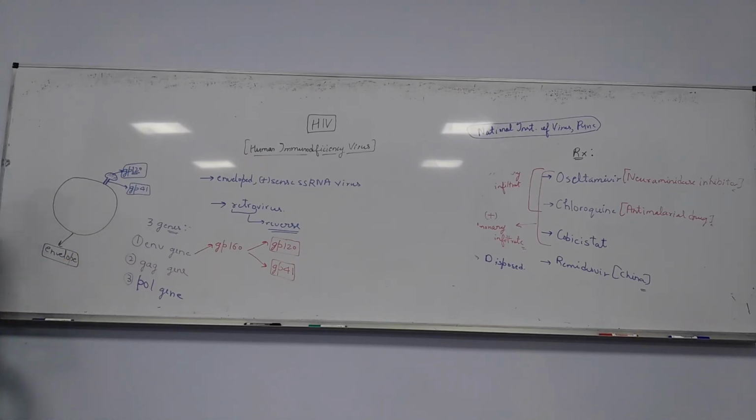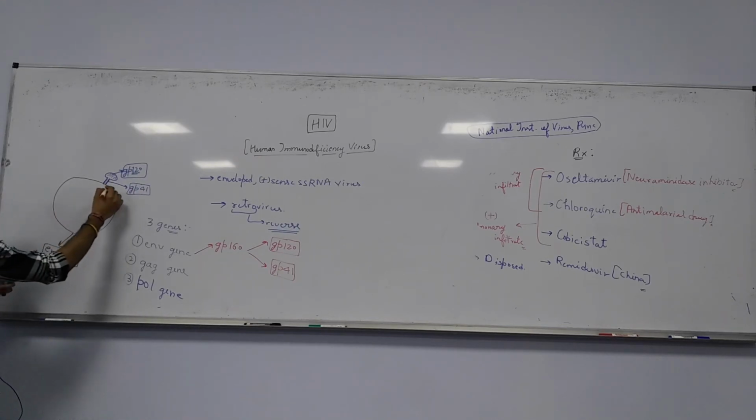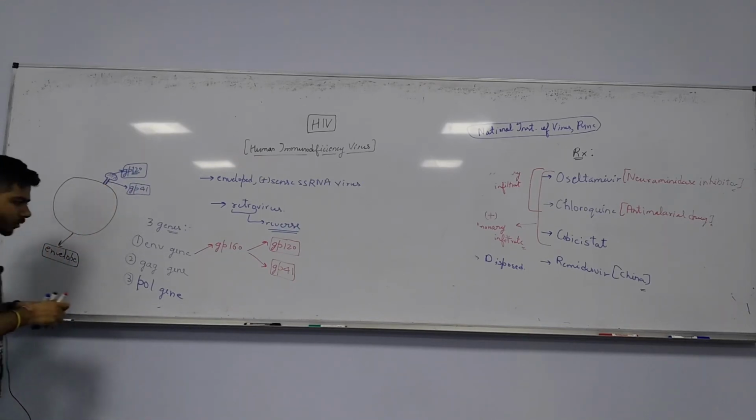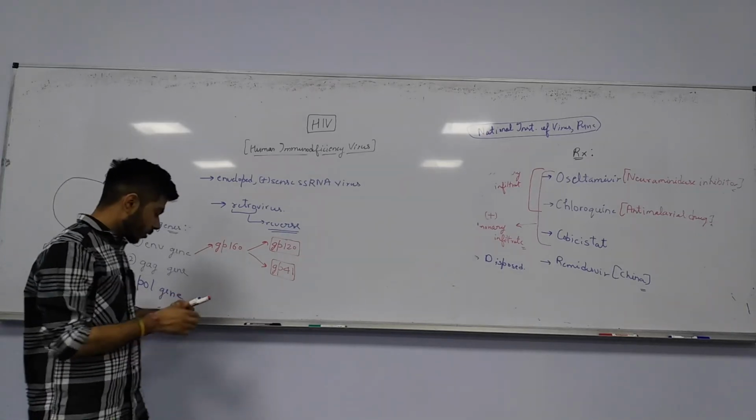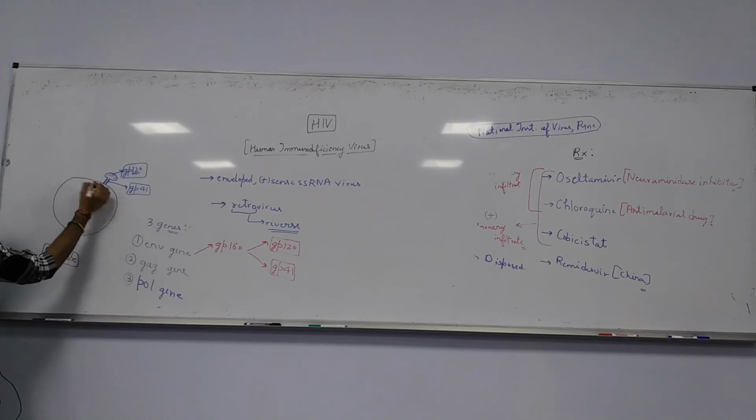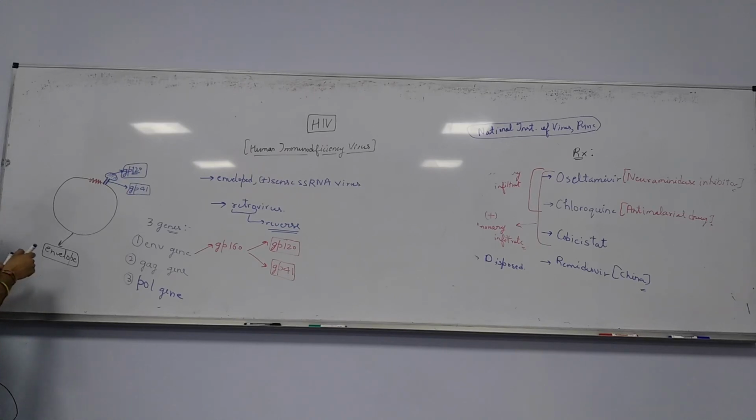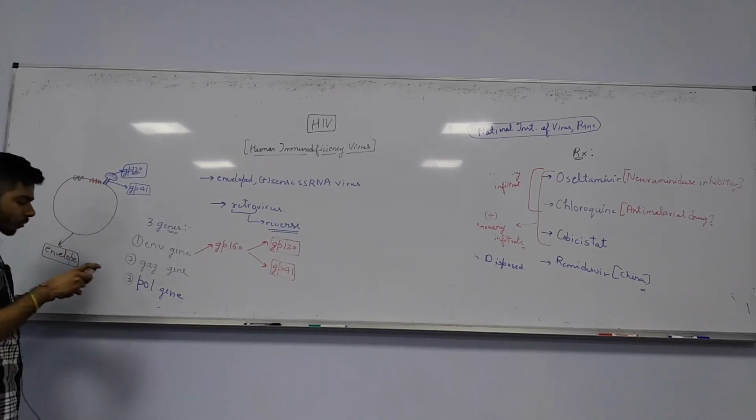Fine, till now everything is clear. Now look, besides that, we have more structures. One structure is this one, and one structure is this one. These are actually proteins as well.